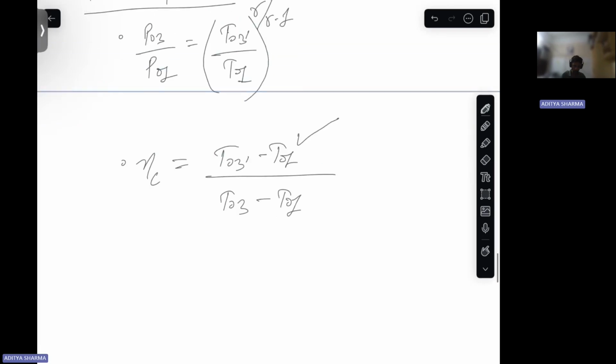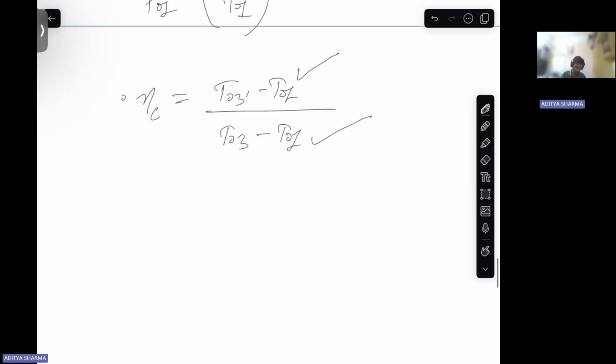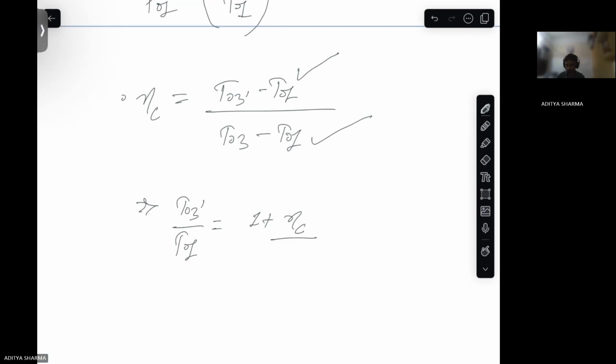So this basically is the work input that you ideally would have given to the compressor, and in reality what you need to give is in your denominator. From here, what you can get is T03 by T01, which basically is 1 plus delta T over T01, where delta T is T03 minus T01.